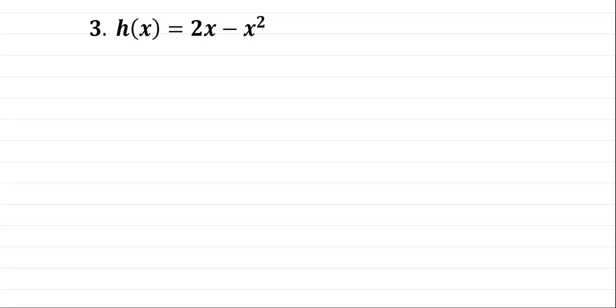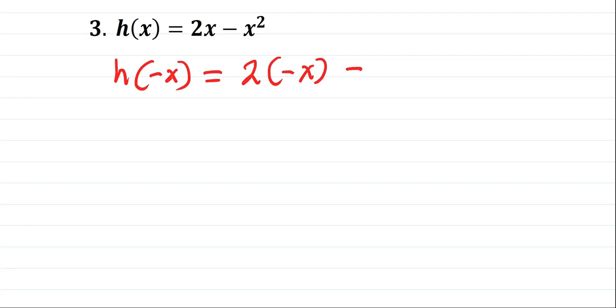Alright, question 3. So we are still going to plug in negative x, and this will be equal to 2 times negative x minus negative x squared. So 2 times negative x is negative 2x, minus negative x squared is positive x squared, and let me put it in a parenthesis so you don't get confused.